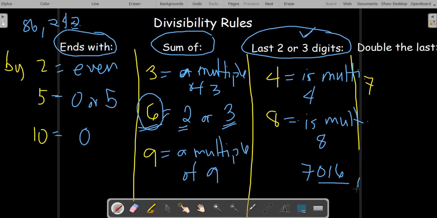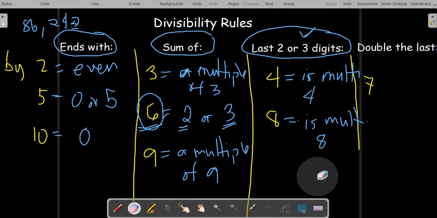You can also have 800,024. 024 is the last 3 digits. And also, if the last 3 digits are zeros, that is also divisible by 8. So that's it for 8.